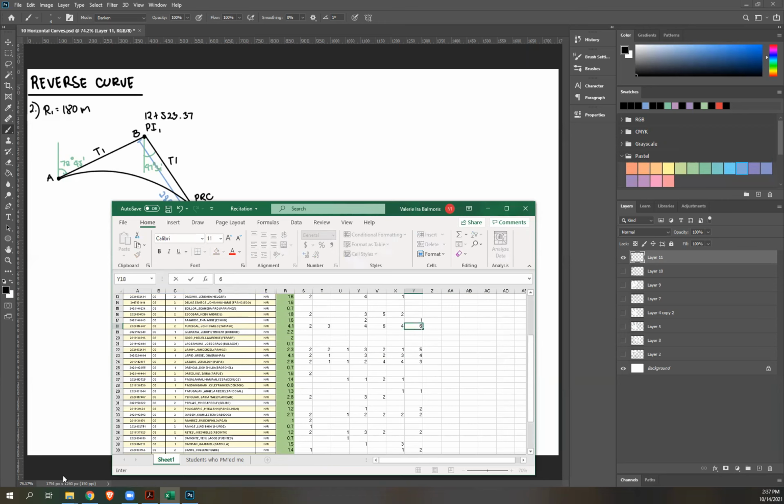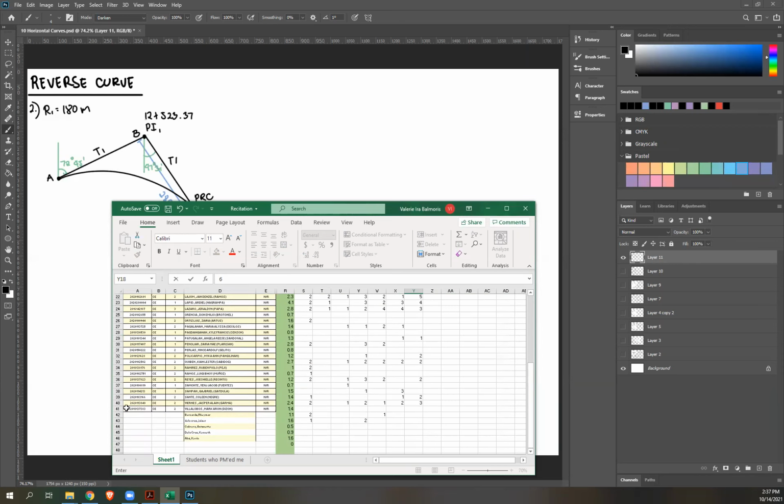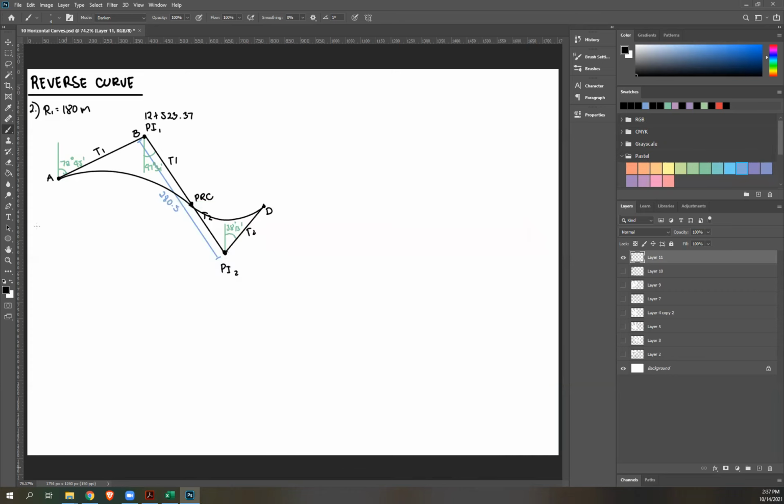R tangent I over 2. Correct, Jasper and Mark. It's R tangent I over 2. So I've got to get I, because I already have R. So now I want to get I1.